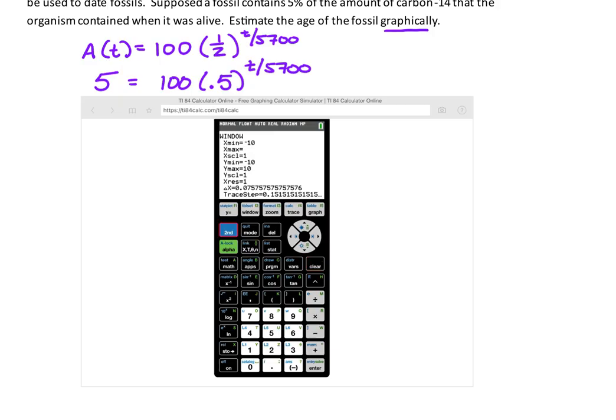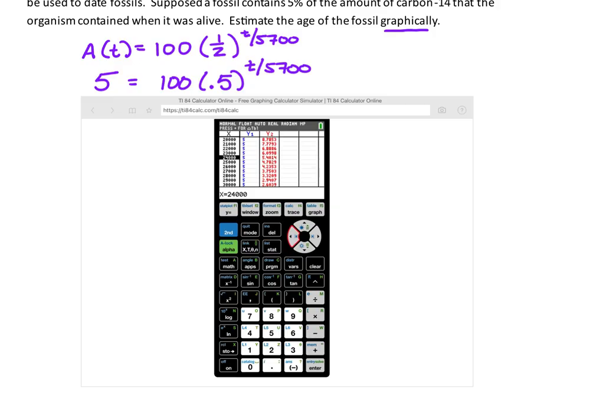I'm just going to go to the table. To be honest with you, that's what I want to do. Okay, let's see what we got here. All right, I'm going to change my table setup. I'm going to start at 0. I'm going to go by 1000 to try to get us a little bit closer. All right, we are looking at about 24,000.